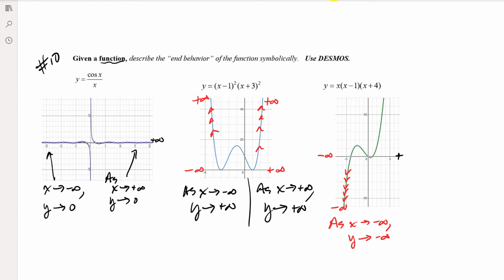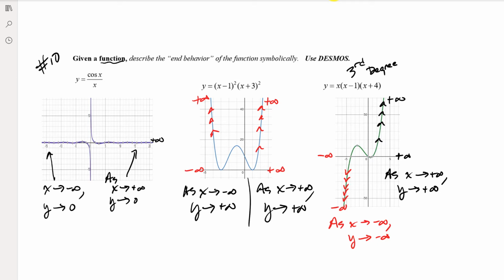On the right hand side, when you go to the right, the graph increases without bound. This is a cubic function, this is third degree. X times x times x gives you a cubic. And increases without bound. So I can say as x goes to positive infinity, y increases without bound, which means it goes to positive infinity as well.